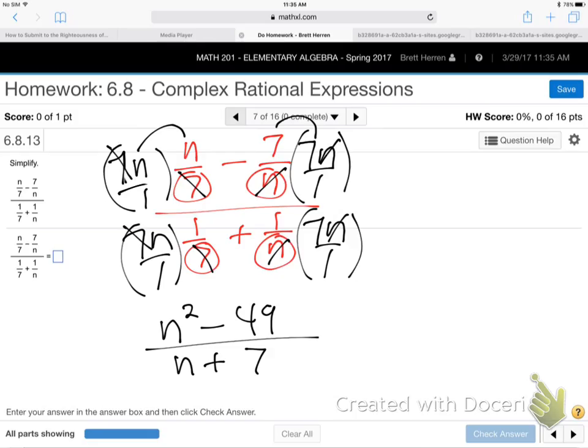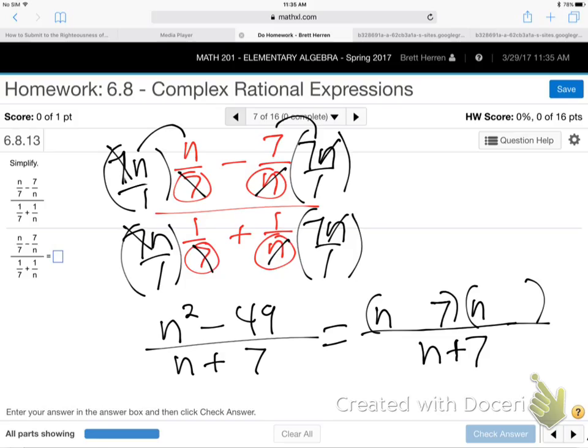Everybody good to this point? That top is factorable, isn't it? That's another FL, right? The 2 parentheses. Front times front, last times last. That good? Can you do that? So it's an FL, front times front, n times n. 7 times 7. What signs do we need to make negative 49? Positive and negative. 1 positive, 1 negative.